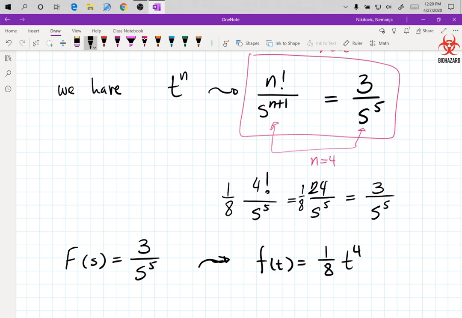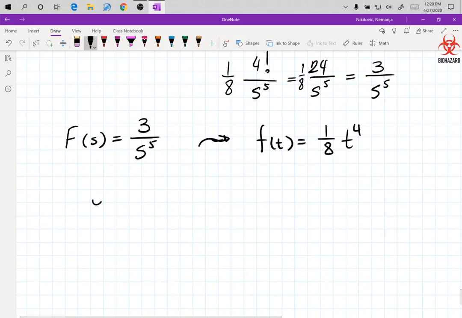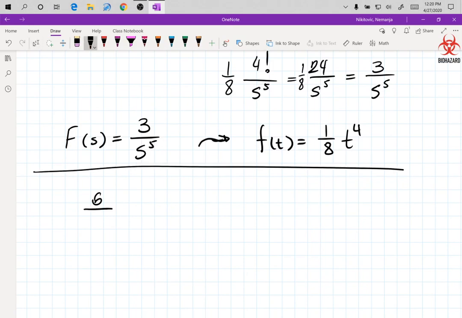Let's take a look at another one. Say you have 6 over s minus 4. This is f of s. All right. So, what is f of t for this?